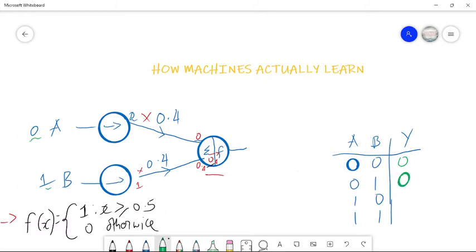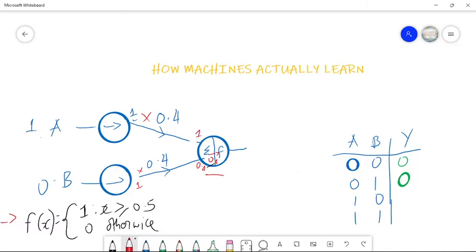When we have A being equal to 1 and B equal to 0, then the input neuron passes through the 1, and we have a 1 here. 1 is multiplied by 0.4, and the result is equal to 1.